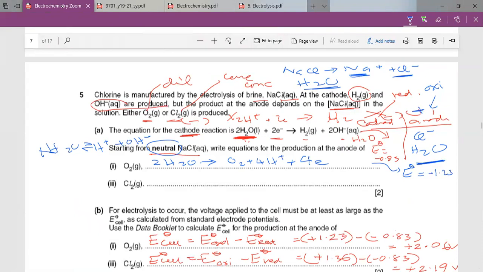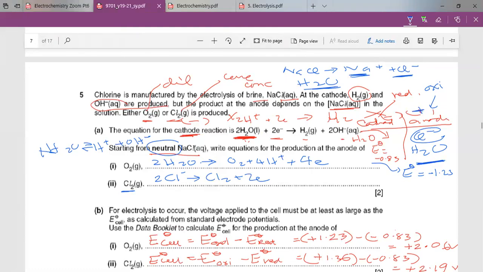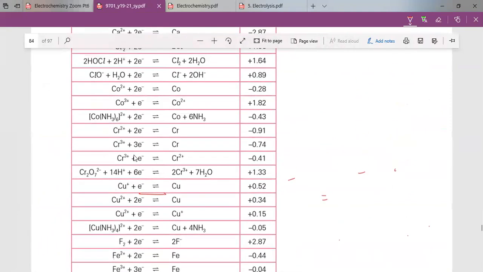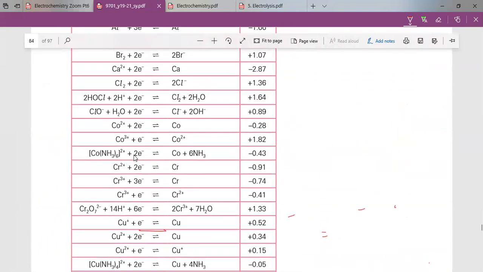Okay, so if the product at the anode is chlorine gas, that means it's this one here. So what is the equation? Remember, it's undergoing oxidation, so 2Cl minus will give you Cl2 plus 2 electrons. Cl becoming Cl2, this equation is it.